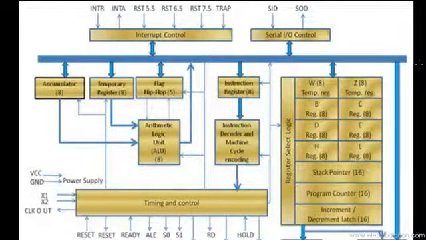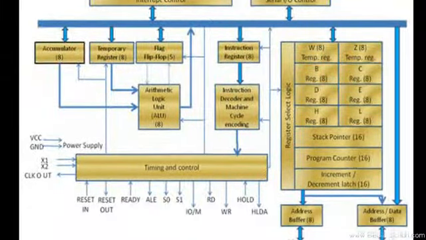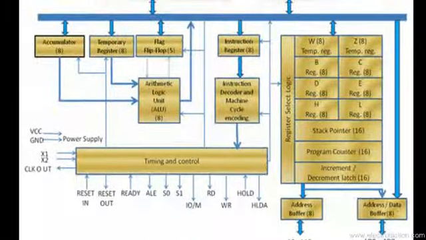As you can see, the 8085 is basically a microchip, and inside that microchip we've got various different devices, all embedded together to form what the 8085 microprocessor actually is. Let's start with this part over here, the ALU.